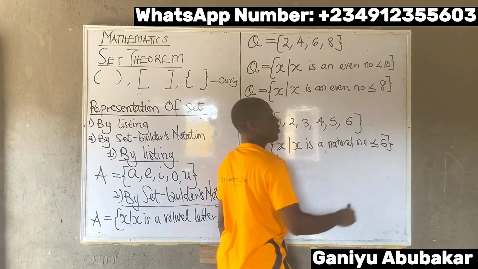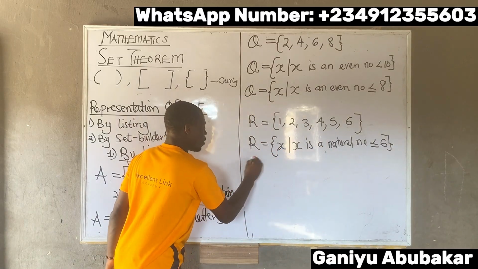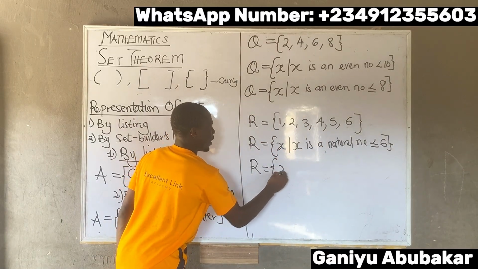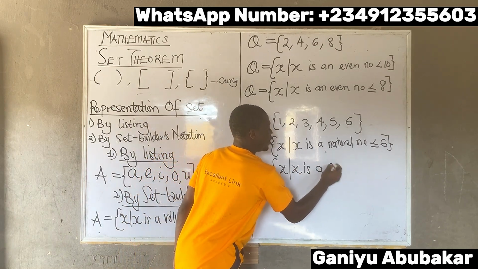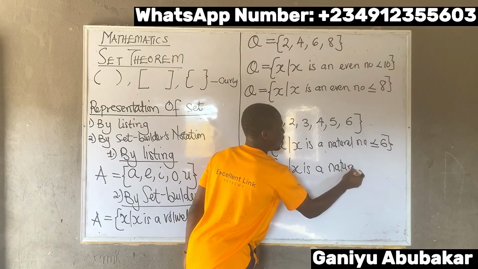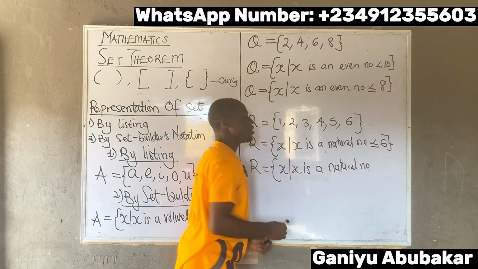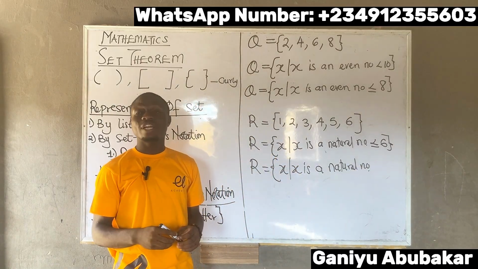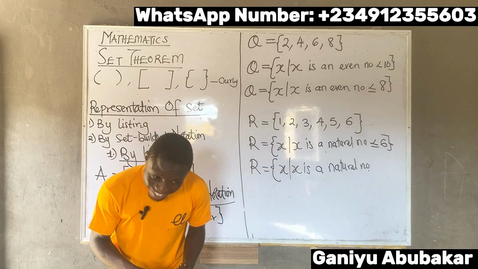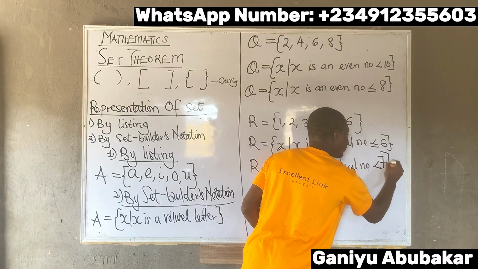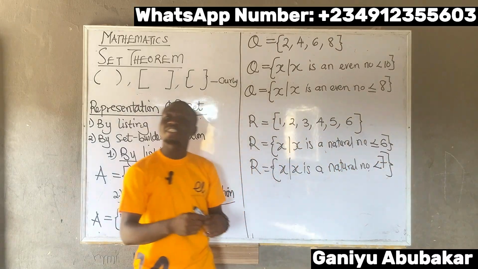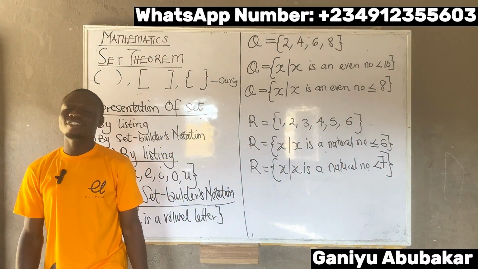No problem. The other way: R equal to x, so that x is a natural number less than 7. For less than 7, I'm not including 7. Stop at 6. That's all.